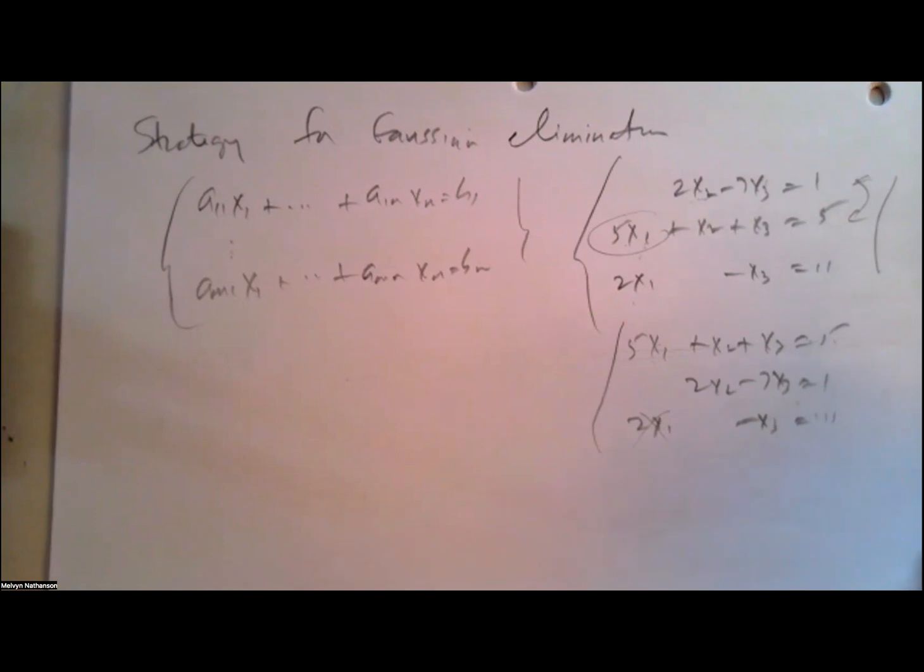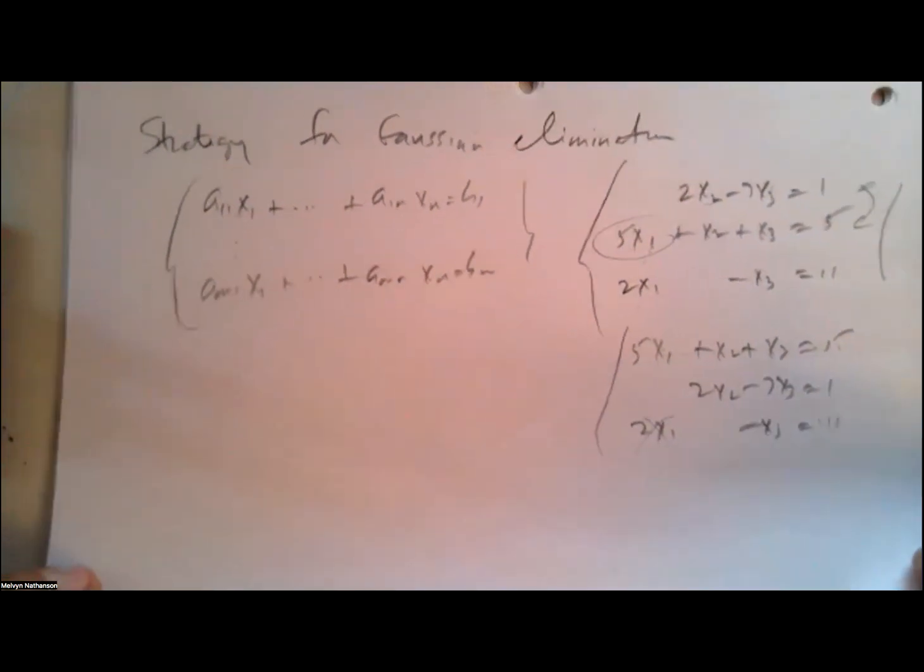So I haven't really proved any theorems about systems of equations, but now I'm going to prove one, which is a fundamental result. It's very important. It's not very hard, but it is fundamental.